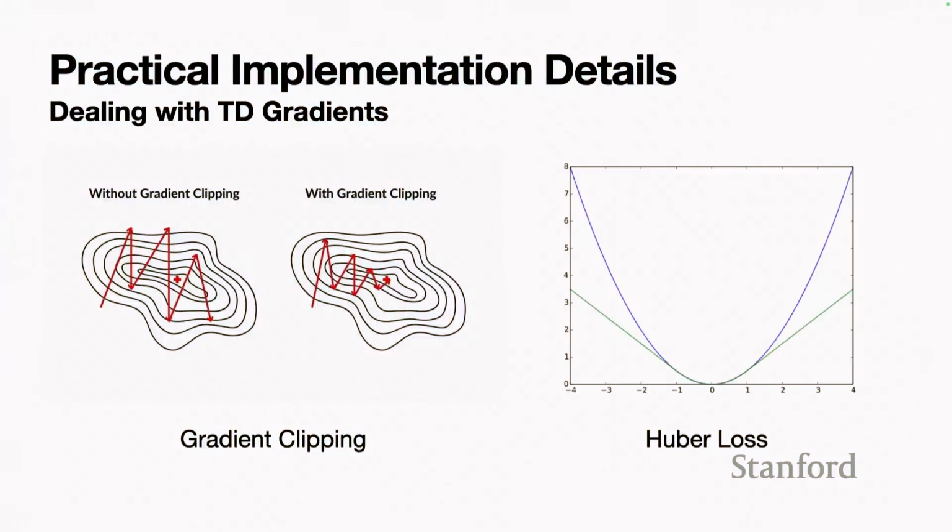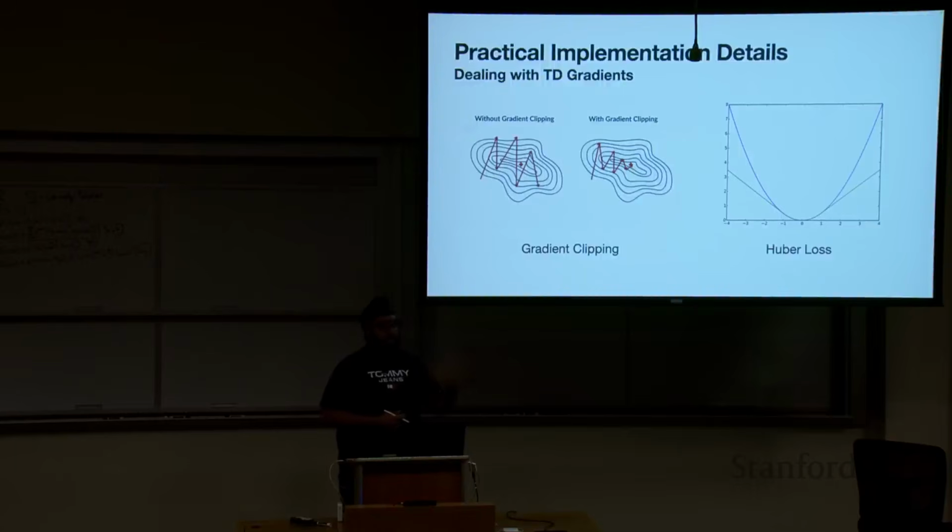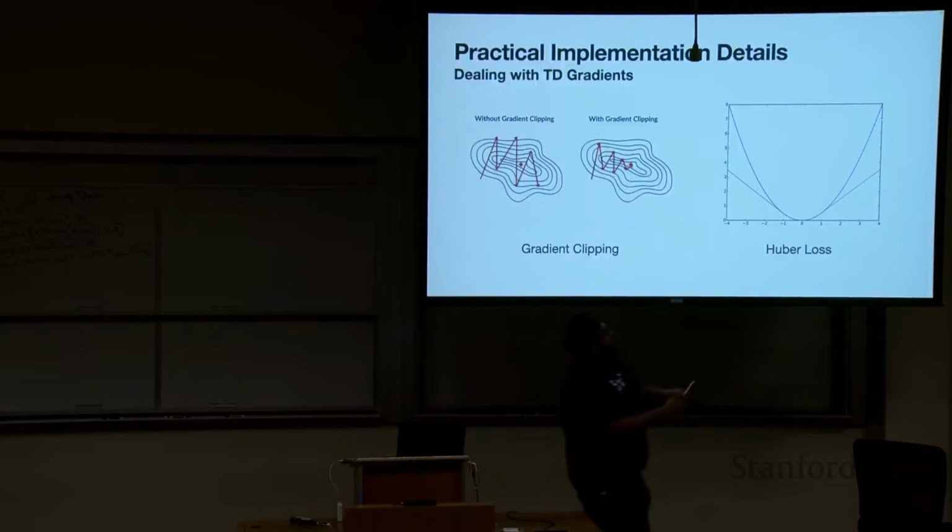Additionally, you can use objectives other than MSE to make this a little bit better. One standard thing people have used is the Huber loss, which is an interpolation between an L1 and L2 loss. It allows you to not be affected by outliers through the L1 loss, which is this one in green.